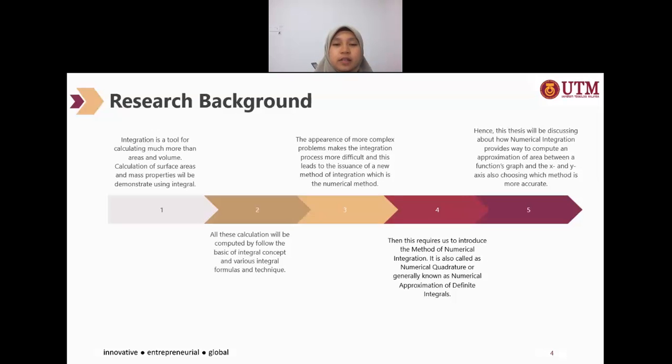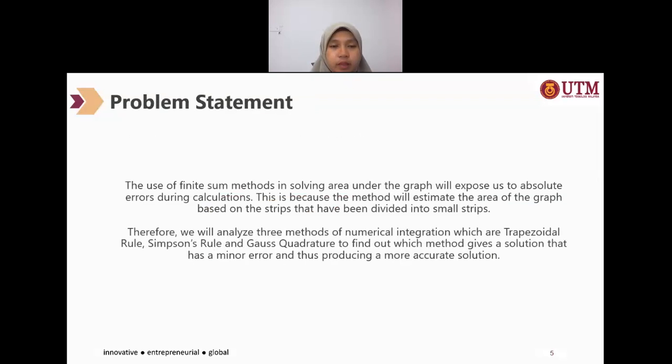Hence, this research proposal will discuss how numerical integration provides ways to compute an approximation of the area between a function's graph and the x and y axes, and also choose which method is more accurate.